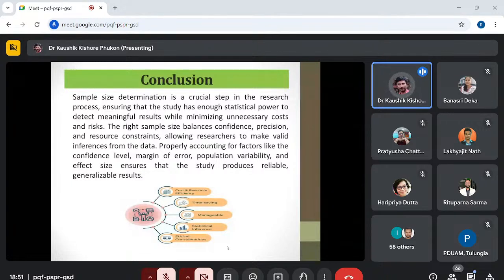Properly accounting for factors like the confidence level, margin of error, population variability, and effect size ensures that the study produces reliable and generalizable results. So research efficiency, time saving, manageable sampling, and statistical inferences we can draw in a deeper sense. Then ethical considerations. All these things I have explained in my prior slides. So this is my conclusion.